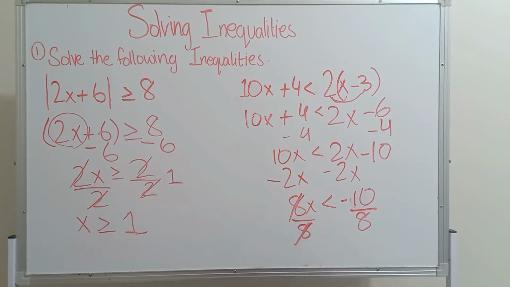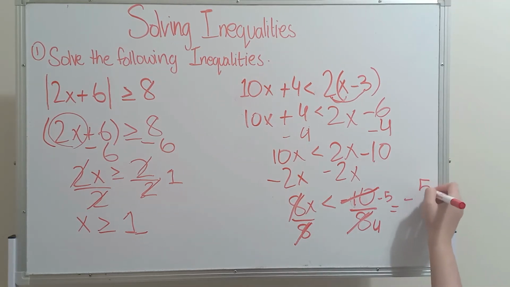So 8 crosses out with 8, and then we will have negative 10 divided by 8, which we can simplify: 2 times 4 is 8 and 2 times negative 5 is negative 10. So the answer is going to be in fraction form. It's going to be negative 5 over 4.